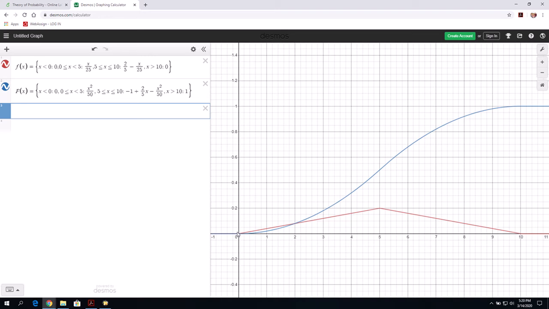That's because it can't jump. As I move X from left to right, as I let it get bigger and bigger, there's no probability concentrated on a single point. So the thing can't jump in probability. And so that's why this thing is continuous. It's beautiful. Look at this little S curve right here.